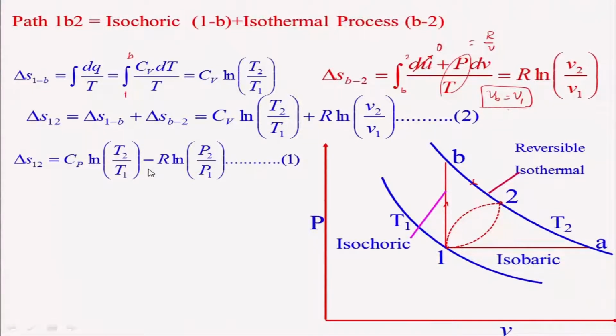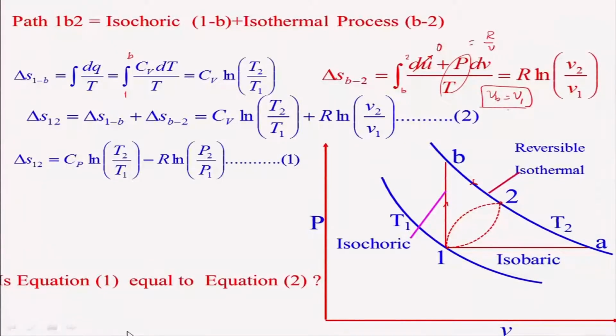So, these two equations are different. Is it different? Can it be? Or will it be the same? I will leave it as an exercise for you to prove that equation 1 is equal to equation 2. In principle, it should be. I will leave that as an assignment for you to do.